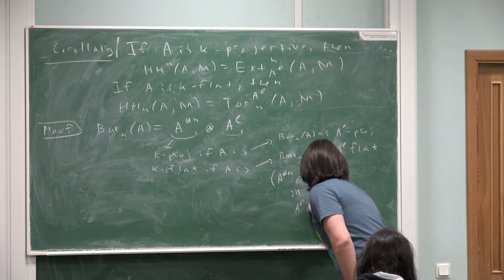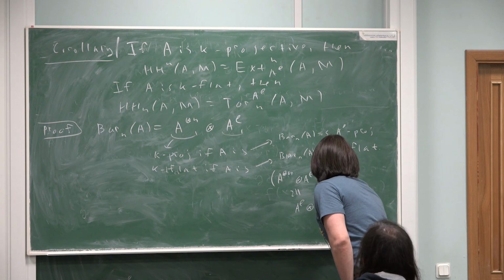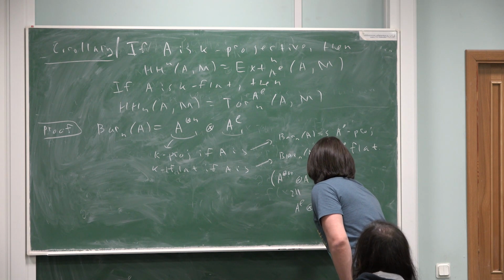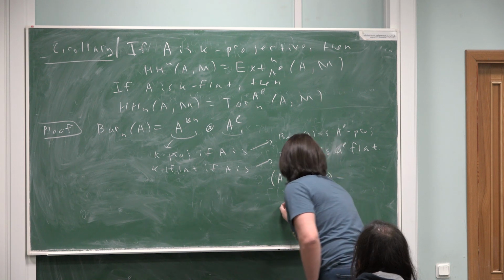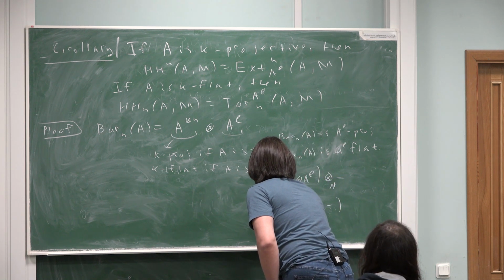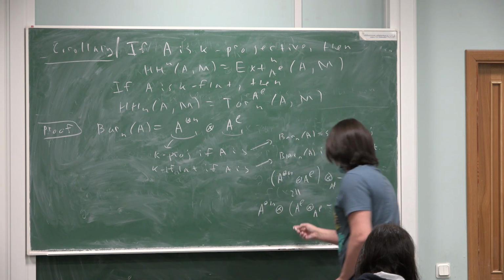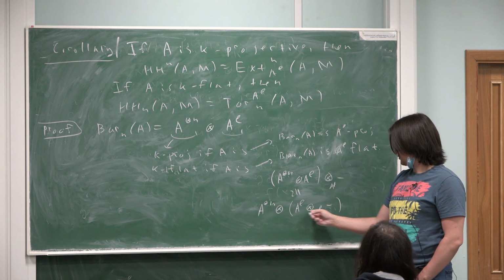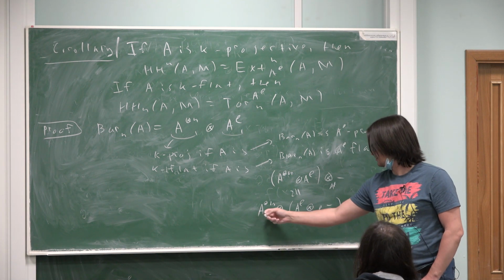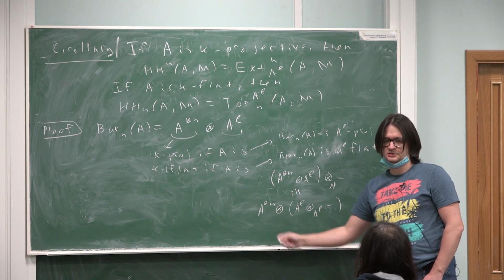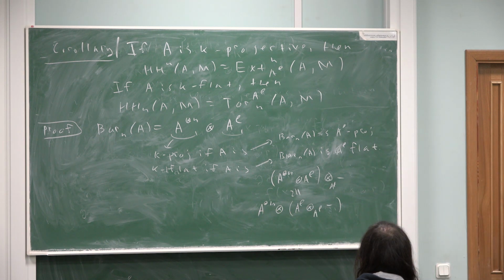First you multiply by AE dash, and then you multiply by A tensor n. But this module is AE flat, so this functor is exact. This module is k flat, so this functor is exact. And that's all.